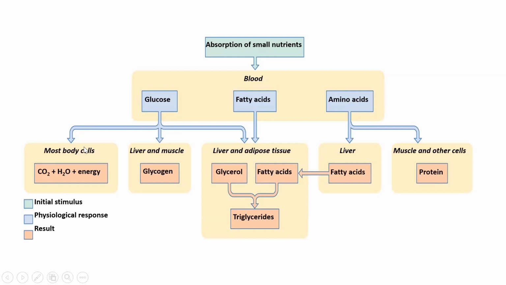And so the body's going to take what it needs at that time and make energy, right? This is the process of glycolysis. We take carbon dioxide and water, we make energy, and we use what we need at that time in most of our body cells. The rest of this can be stored away for later. So in our liver and muscles, we store away that excess glucose as glycogen.